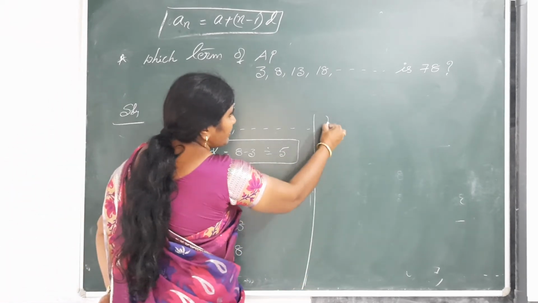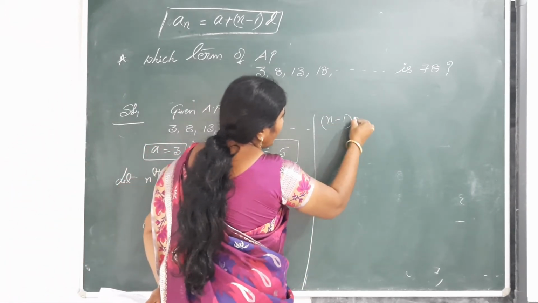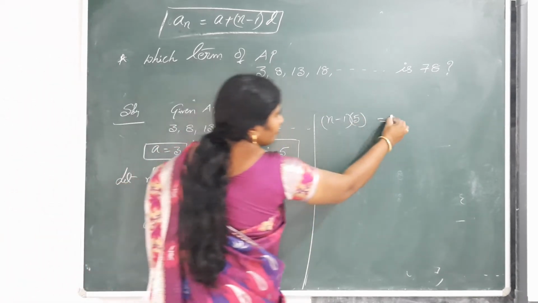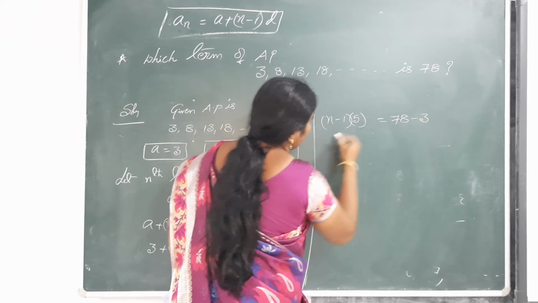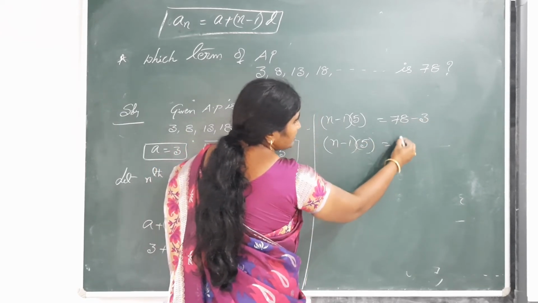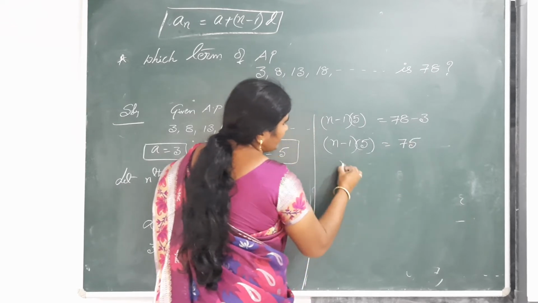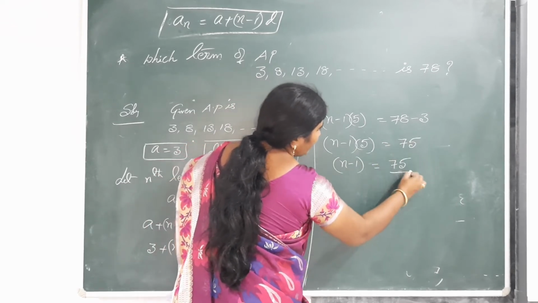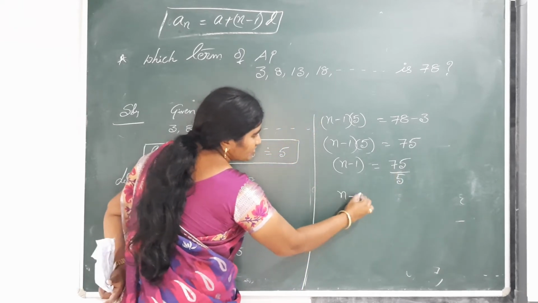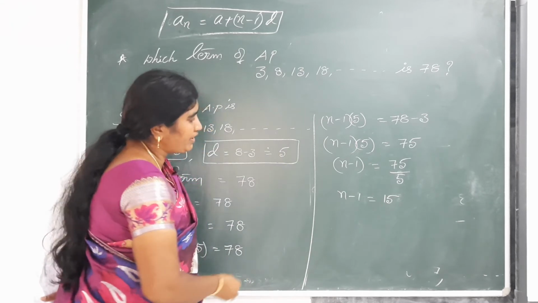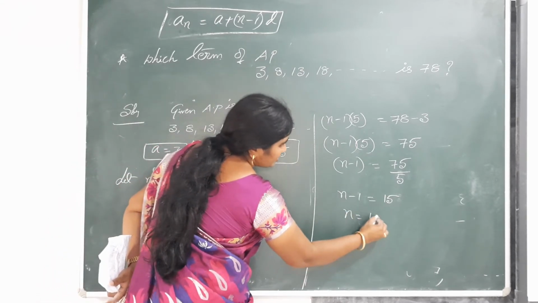Next, (n minus 1) into 5 equal to 78 minus 3, which is 75. n minus 1 equal to 75 by 5, that equals 15. n equal to 16.